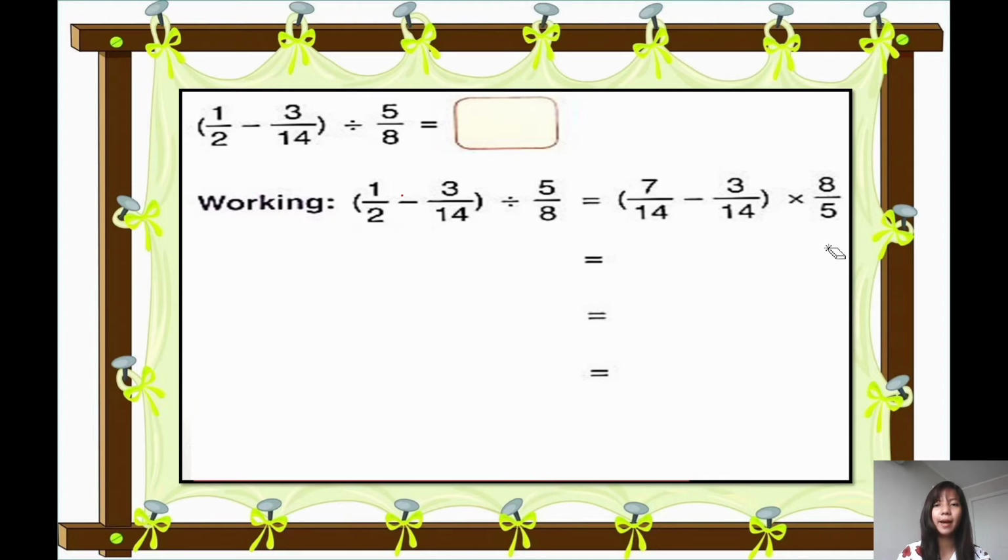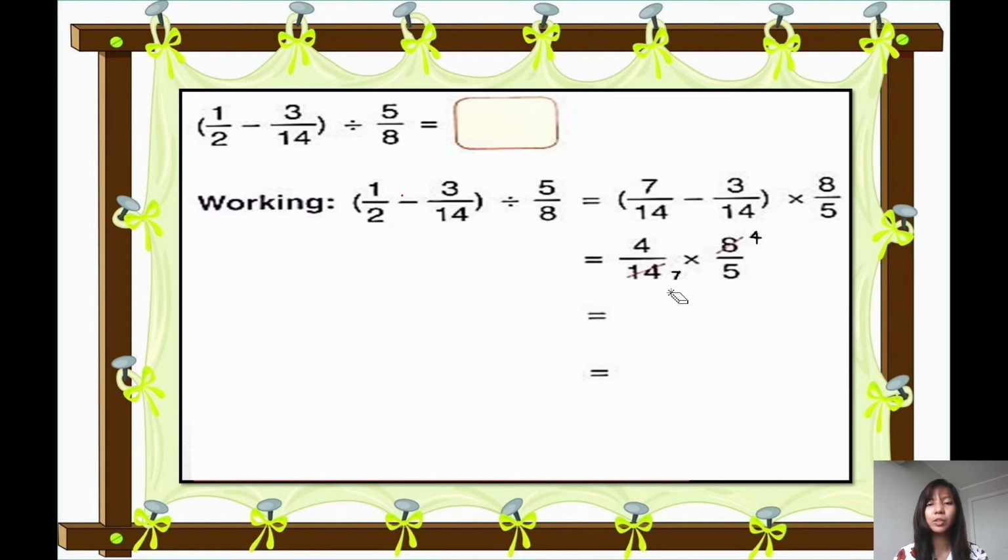Okay, so now let's proceed. Because now we have the same denominator, we can subtract the numerators. 7 minus 3 is 4. Then copy the denominator, 14, times 8 over 5. Okay, so now we are going to multiply.